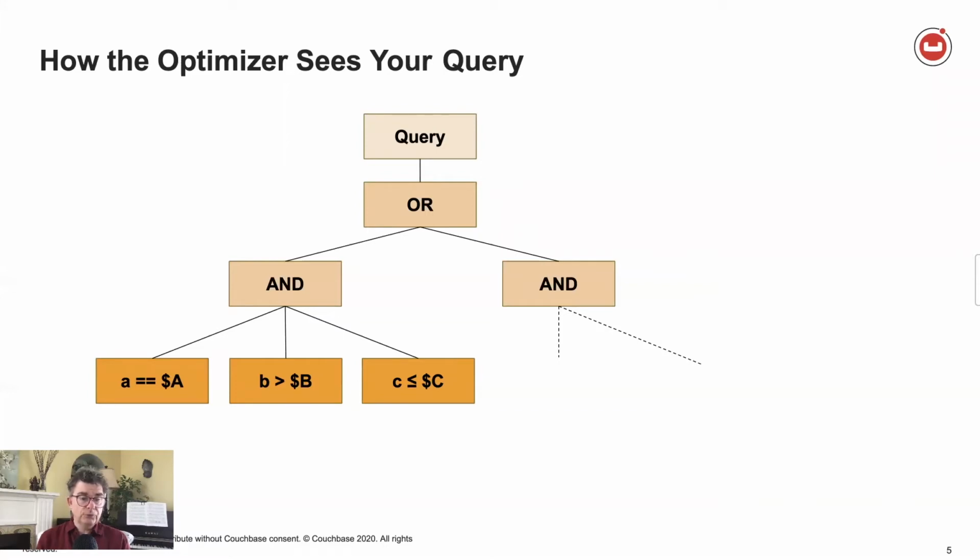So if you have multiple things connected by AND, they're going to form one of these. In the orange boxes here, we have three things: an equality test on one property and inequality tests on two other properties. The query engine will tend to group these together, and it will use those to try and find a set of documents using an index.